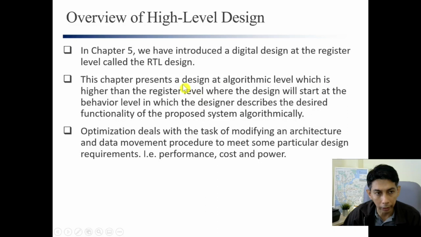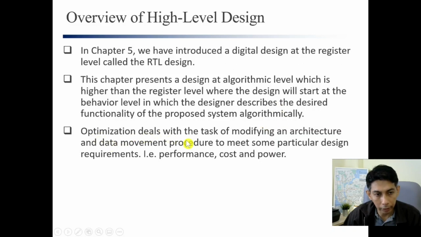So we have looked at this level already in chapter 5, where the algorithmic level is one level higher as compared to the RTL level. And the design will start at the behavioral level, in which the designer describes the desired functionality of the proposed system algorithmically, right?